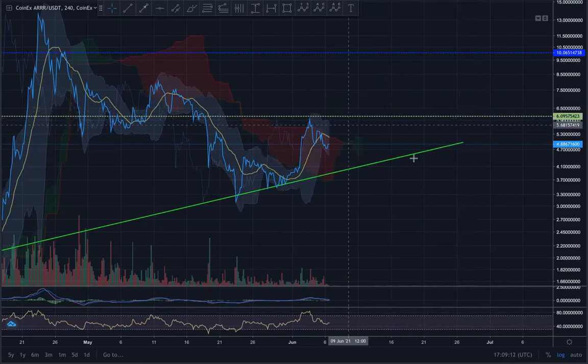And so this creates a triangular shape that we could move through. It could be anywhere down to the $4 level and up to the $6 level that we sideways through. And that might be where the price tends toward by the end of June.